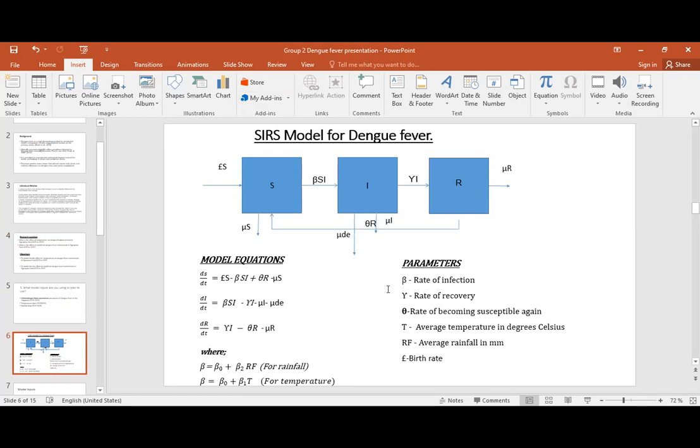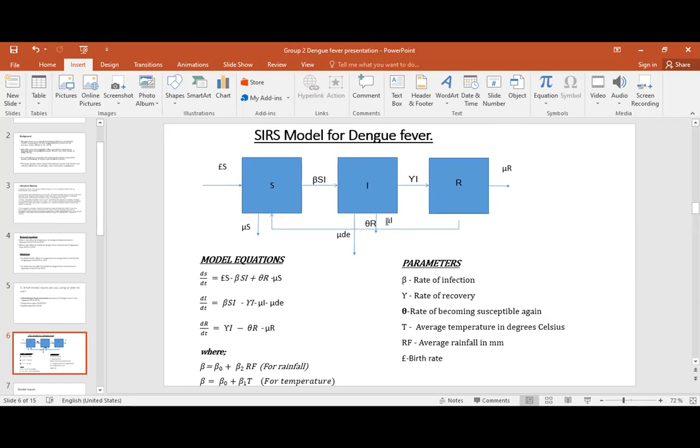So that is our model. We used an SIRS model. At the start, we have the birth rate and the susceptible population. We used beta as the rate of infection, and then S is the susceptible and I is for the infected compartment. We used gamma as our rate of recovery, and gamma R as the rate of death among the people who recover.